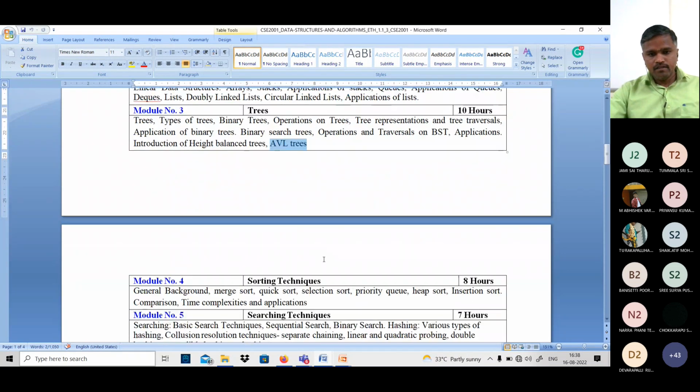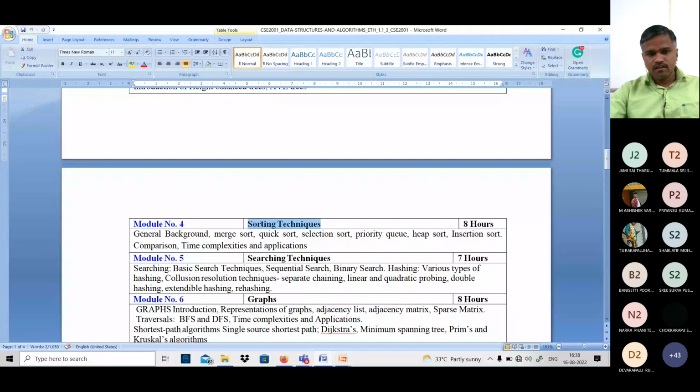Then sorting techniques, module number 4, should be completed within 8 hours. Here we have merge sort, quick sort, selection sort, heap sort, and insertion sort. These are all used to sort the data in ascending or descending order.